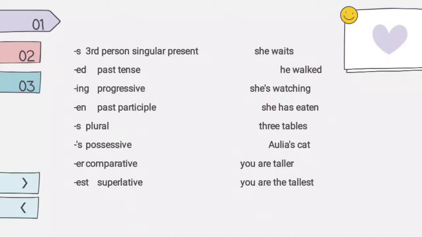S for plural, the example is 3 tables. S for possessives, the example is Aulia's cat. Er for comparative, the example is you are taller. Est for superlative, the example is you are the tallest.